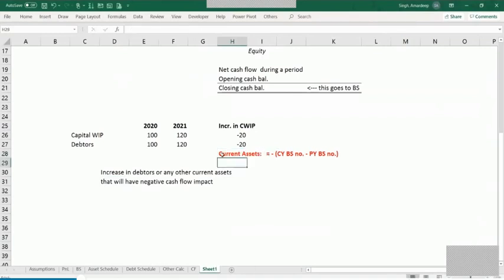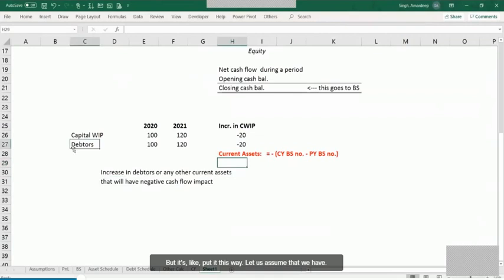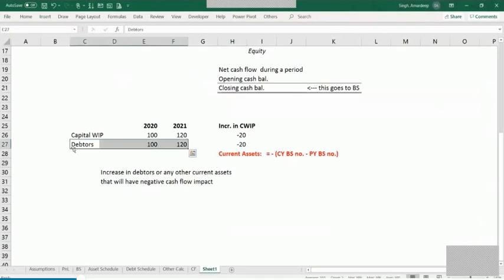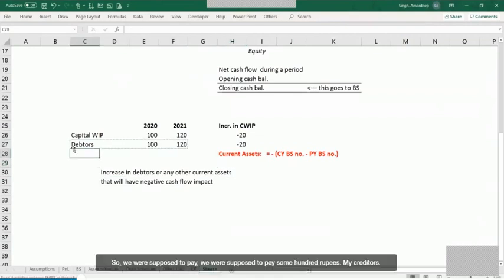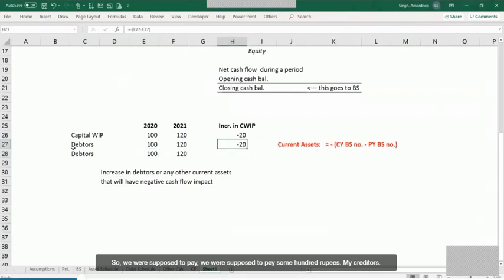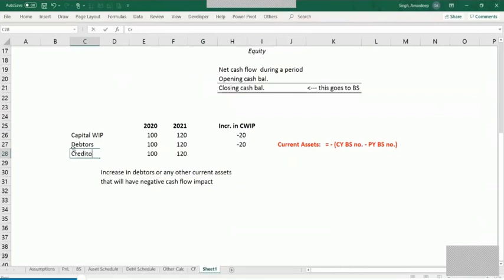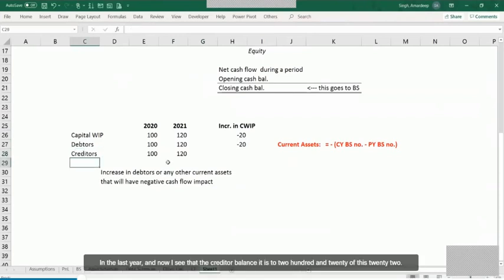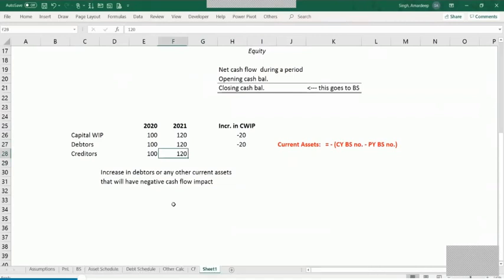But if I put it this way, let us assume that we have a liability. We were supposed to pay some 100 rupees to my creditors in the last year, and now I see that the creditor balance has increased to 120. Now, this 20 rupees of increase is an indication that I was supposed to pay something and I did not pay.